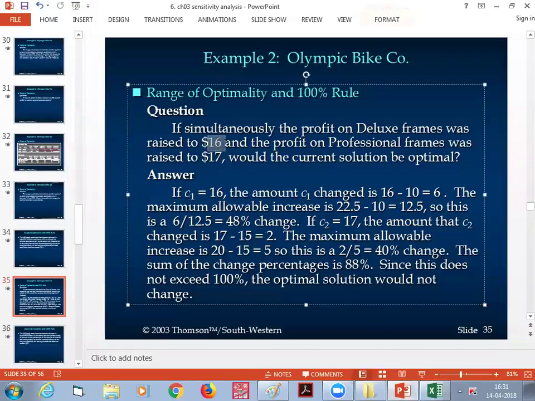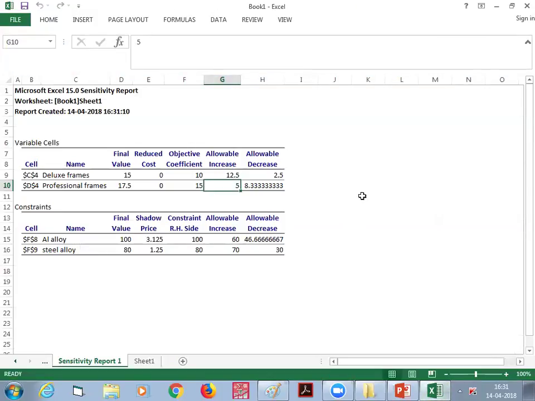The first one is increased to 16, the second one is increased to 17. So we need to look at the percentage increase in the first as well as the percentage increase in the second. The first is increased by 6, divided by the allowable increase of 12.5. So the percentage increase is 48%.